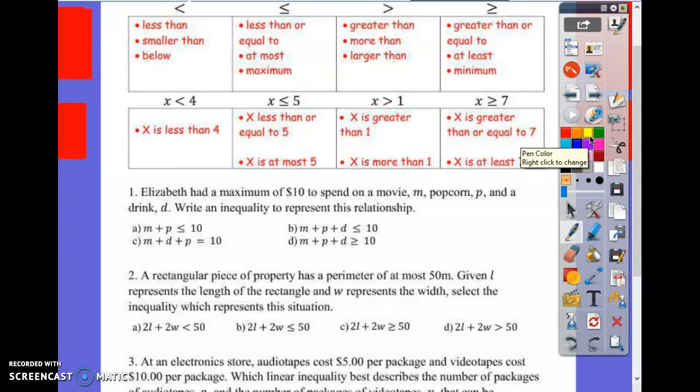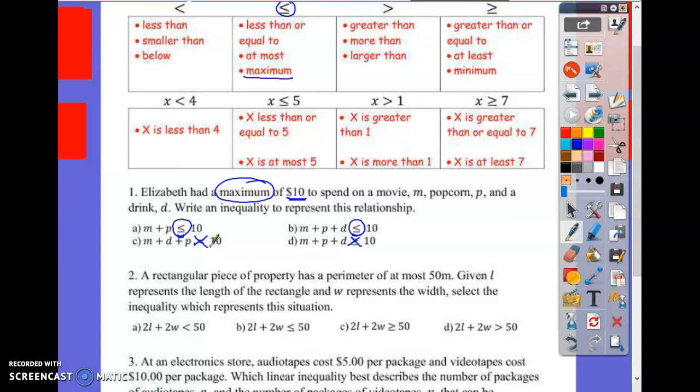Problem number 1, I know some of you like to read the whole thing. A lot of the times it's okay to read the whole thing, but try to zone into keywords like maximum. Okay? Maximum. So I know that the keyword maximum is going to be using this symbol, less than or equal to. So I'm looking for something that says less than or equal to 10, because it's a maximum of 10. This is not correct, and this is not correct.